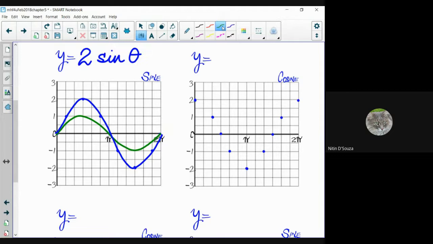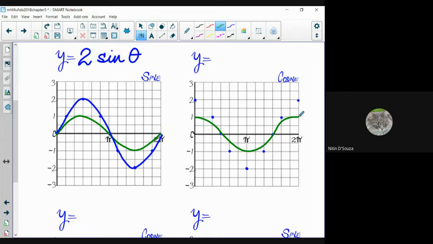To help me with my cosine graph, it's actually kind of neat. Sorry, I'm showing off for a second.